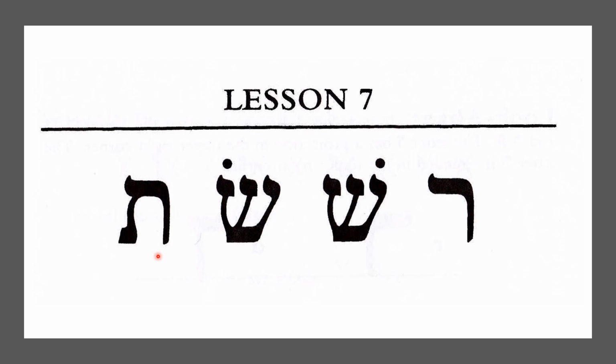We talked about the fact that Ashkenazi speakers will pronounce this tav without a dot, without a dagesh, just as you see it here, as an S sound rather than a T sound. So be aware of that. If you hear an Ashkenazic speaker, you hear the word Shabbos rather than Shabbat.